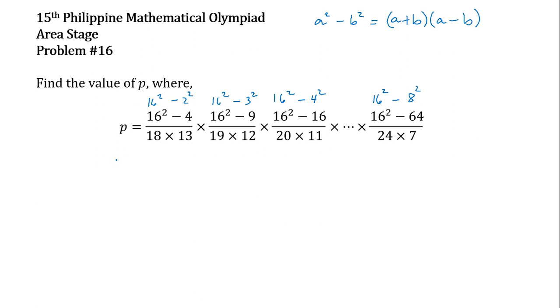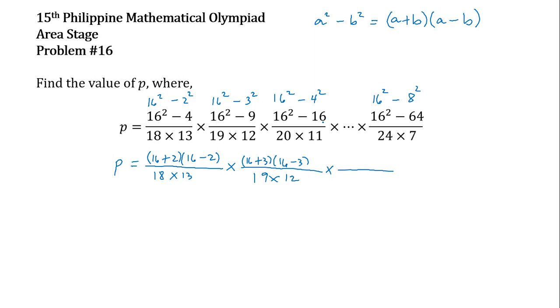So if we do that, we have P equals: 16² − 2² is (16 + 2)(16 − 2) over 18 times 13. Next, we have (16 + 3)(16 − 3) over 19 times 12.